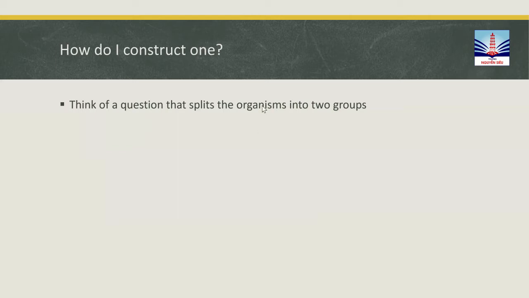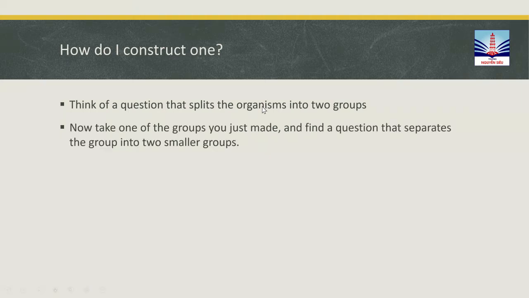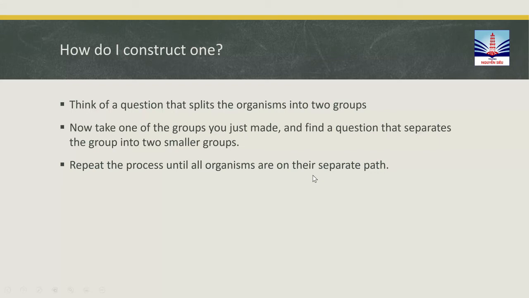Second, take one of the groups that you just sorted out, and do the same thing: find the question that separates the group into 2 smaller groups. And then just repeat the process until all organisms are on their separate path, meaning there are no paths with 2 or more organisms. Also, the questions you make must only be answered with either a yes or a no.